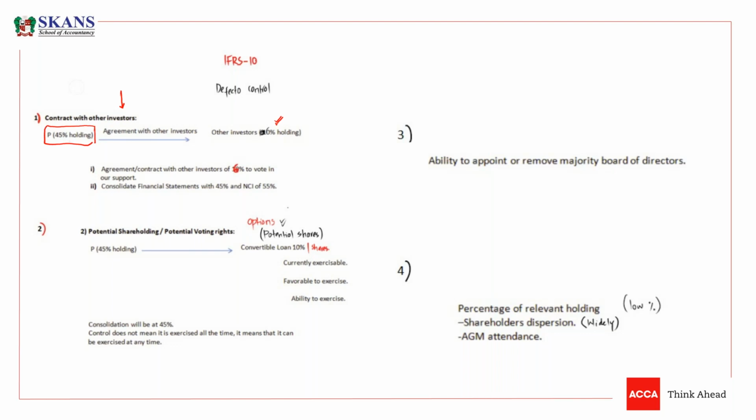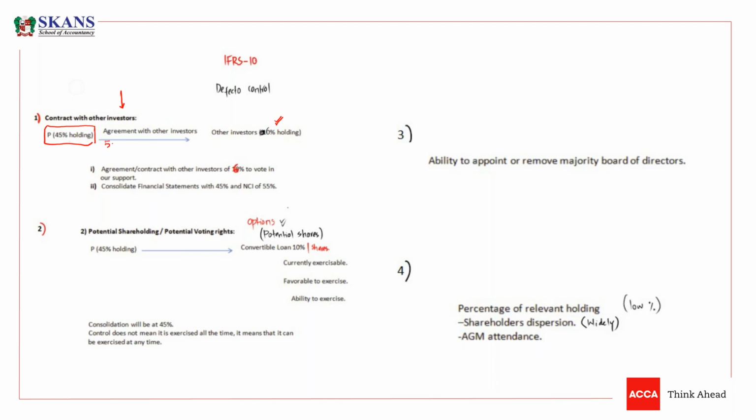So the 6% investor is helping you by an agreement that you are going to control the company. I will not interfere. I will vote wherever you say. I will vote in favor of those directors you want to appoint. I will vote against those directors you want to remove. So by this agreement with other investors, now you actually have 51% voting rights.